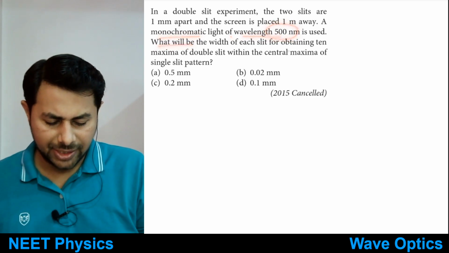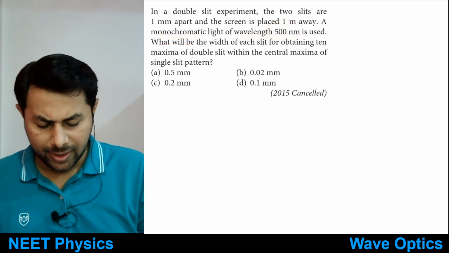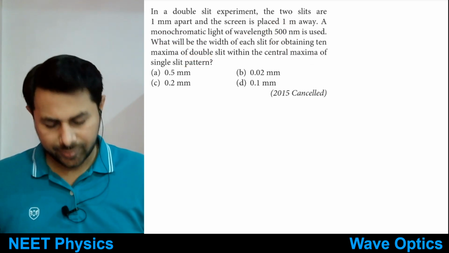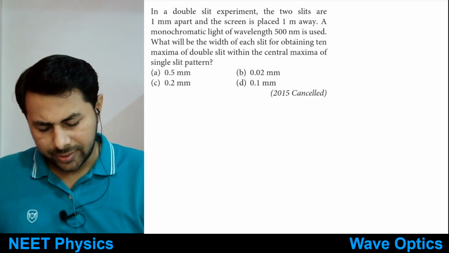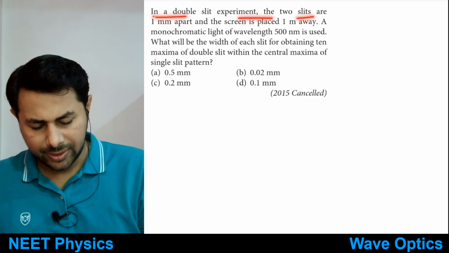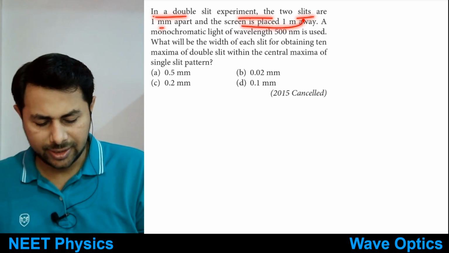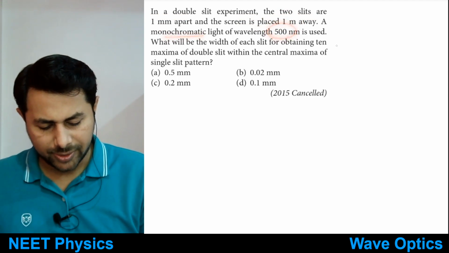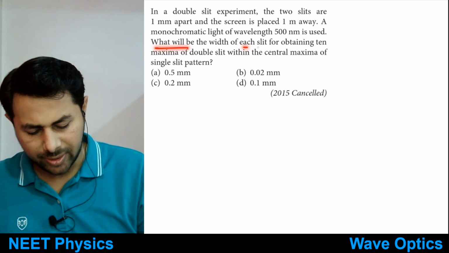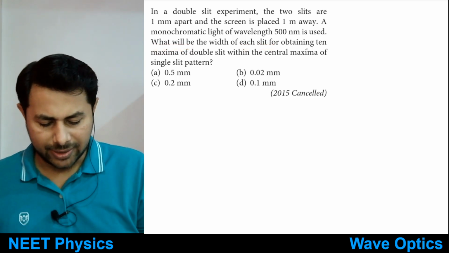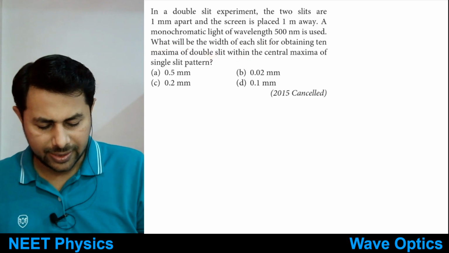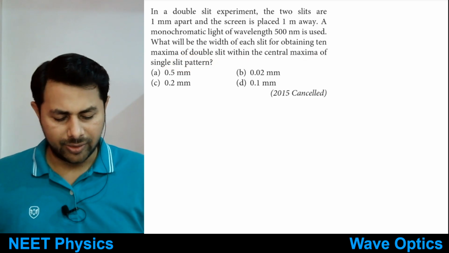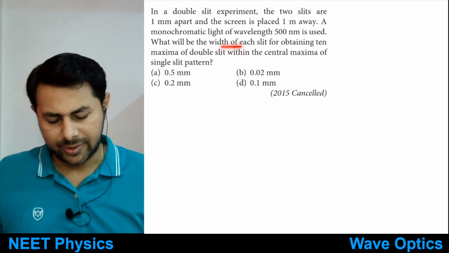What will be the width of each slit for obtaining 10 maxima of the double slit within the central maxima of the single slit pattern? This is the question. What should be the width of each slit?